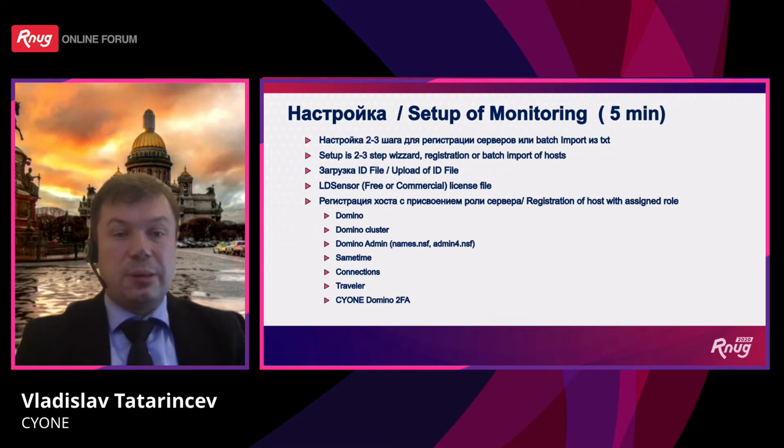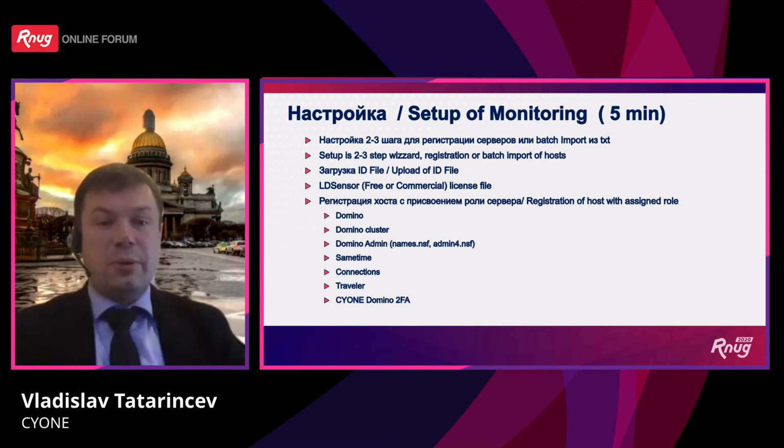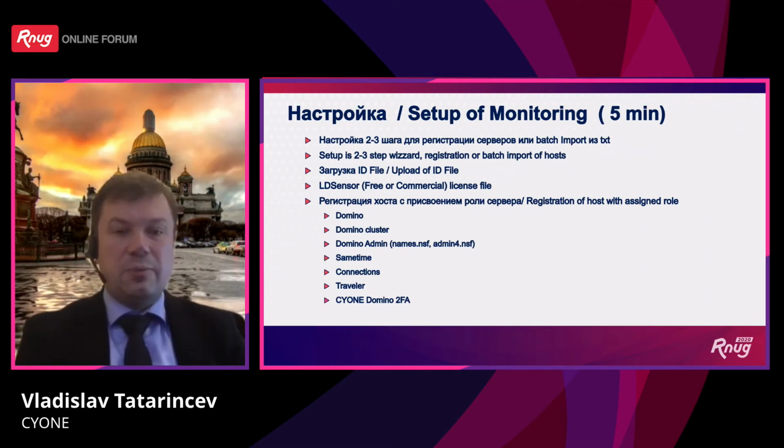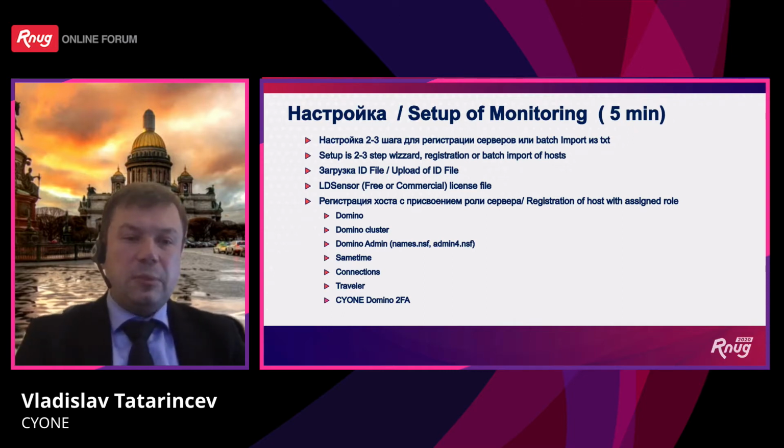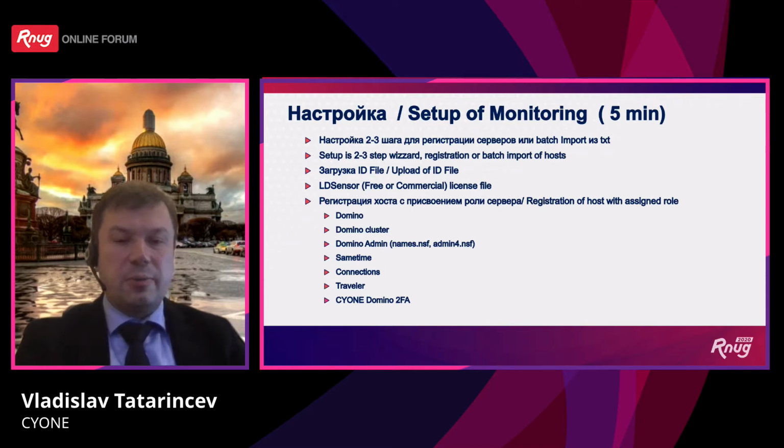When you execute some simple steps, you download the ID file, because the monitoring, as I said before, is a small Nodes client tuned for the monitoring task. And the license file: monitoring is by default delivered as a free of cost version. You can monitor some system databases, emails, but we also have an extended commercial paid version, where you have more functions.